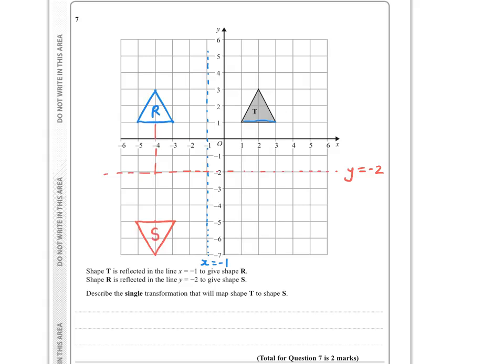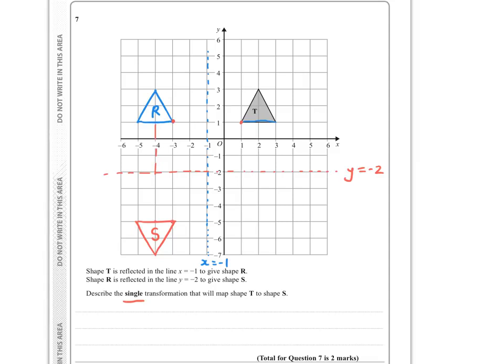It then says, describe the single transformation that will map shape T to shape S. So if you think about it, it's a single transformation and it's not going to be a reflection, is it? I think it's going to be a rotation, so I'm just going to check whether it works. What I've looked at is corresponding points. So for example, if I look at this point here, that was reflected to go to here and then ended up here.